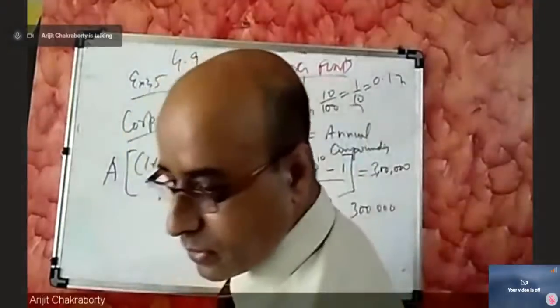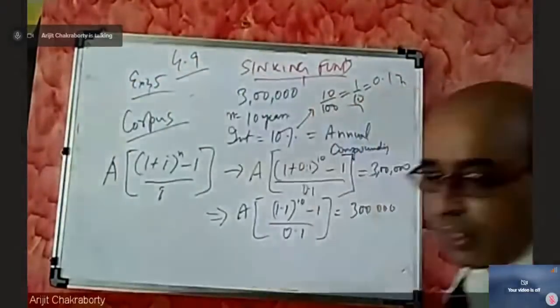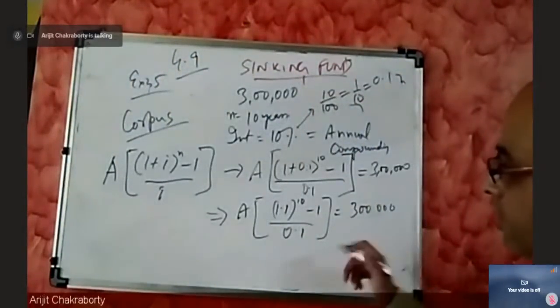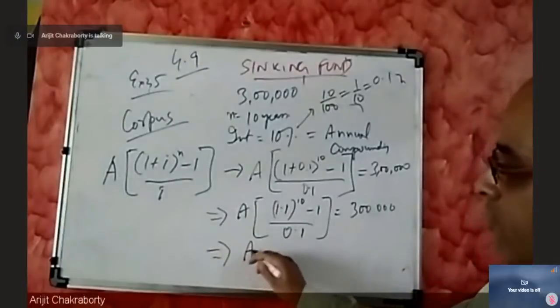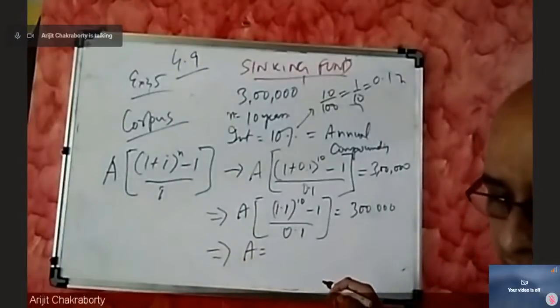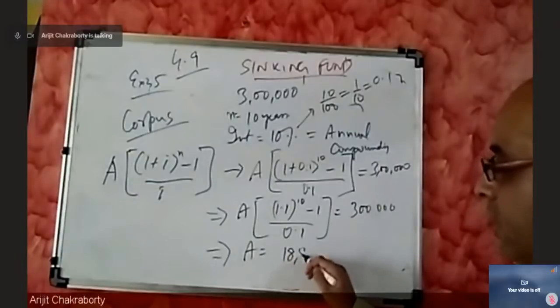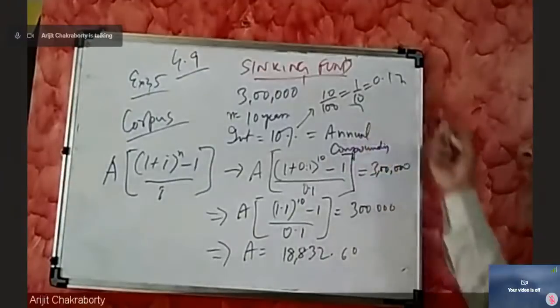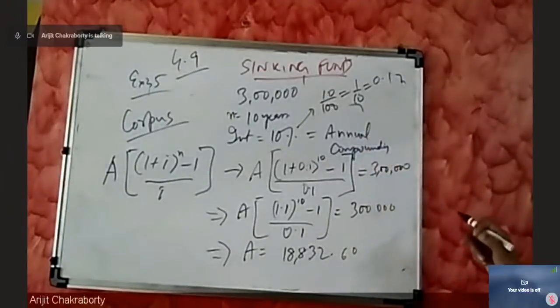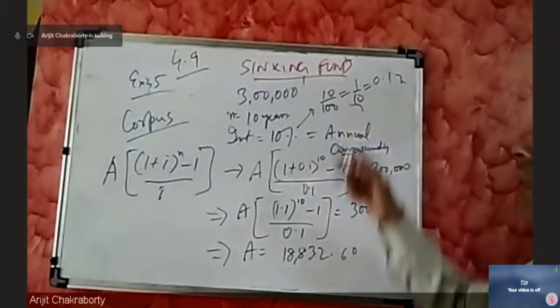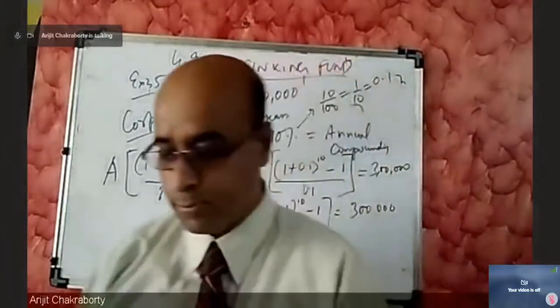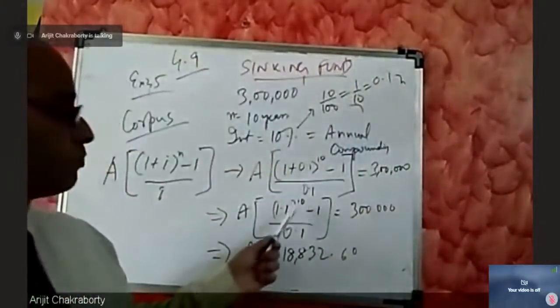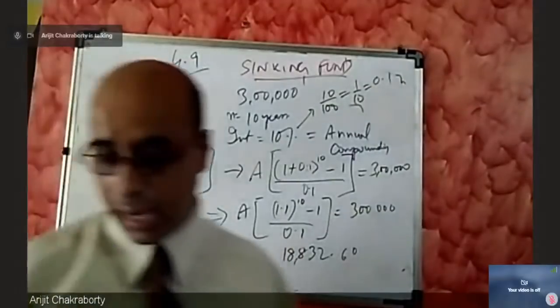So if you use a calculator, you will arrive at A will be somewhere around, I think, 18,832 approximately. So this, through compounding over 10 years at 10%, will ultimately provide 3 lakhs as per the formula, 1 plus i to the power n minus 1 by i.